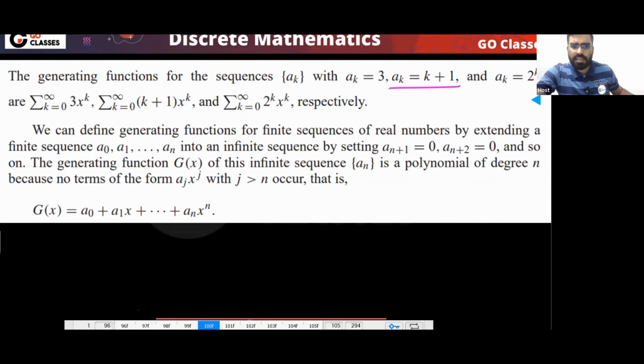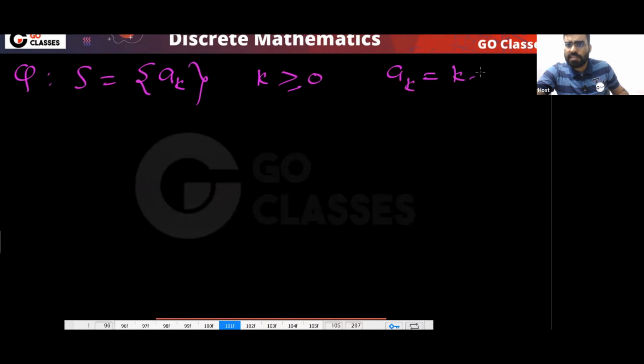Similarly, I can give you AK equal to k plus 1. Then what will you do? I give you a sequence AK, where k is greater than or equal to 0, and AK is given as k plus 1. Then what will be the sequence and the generative function?